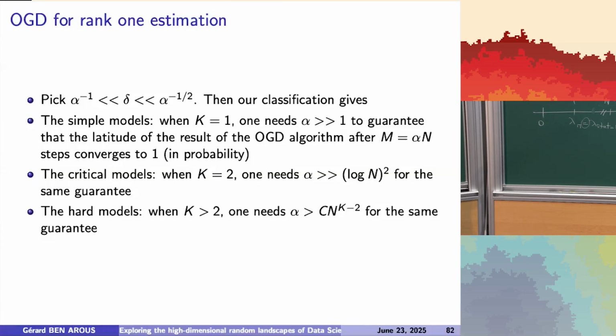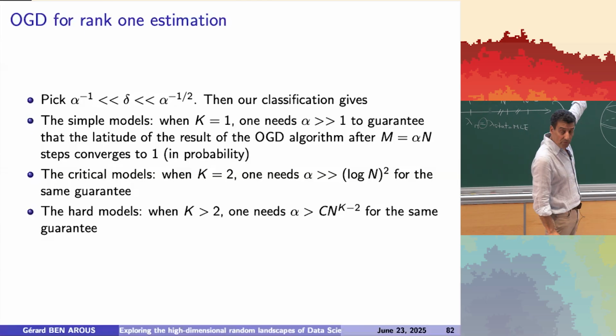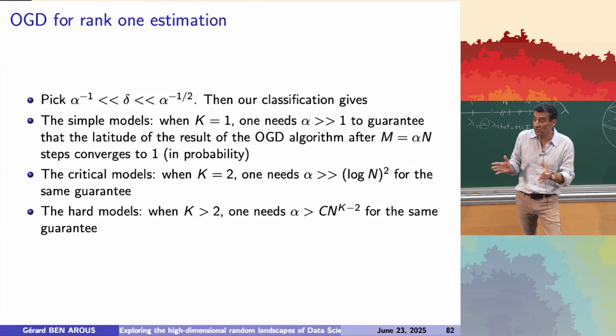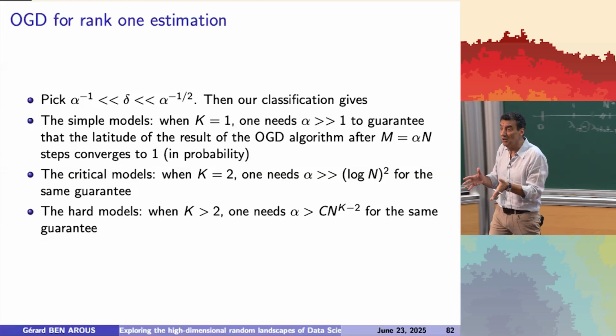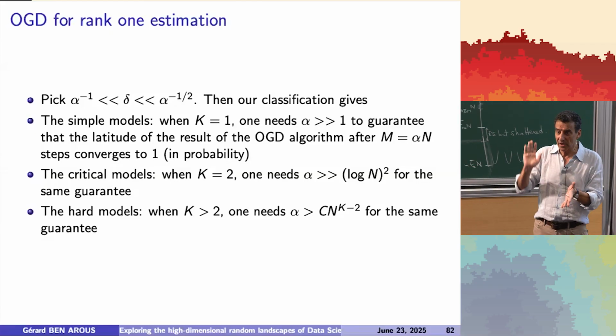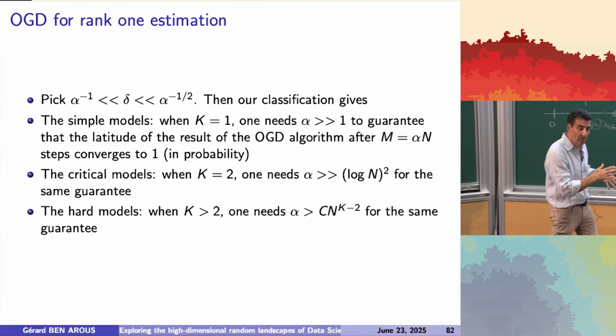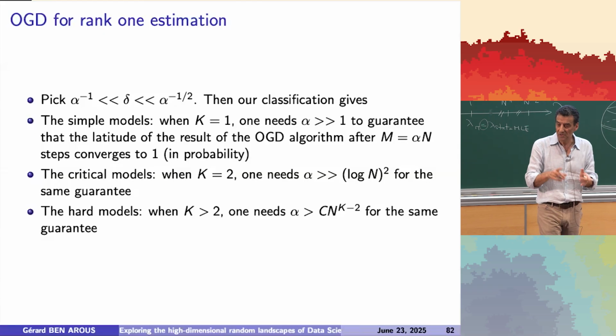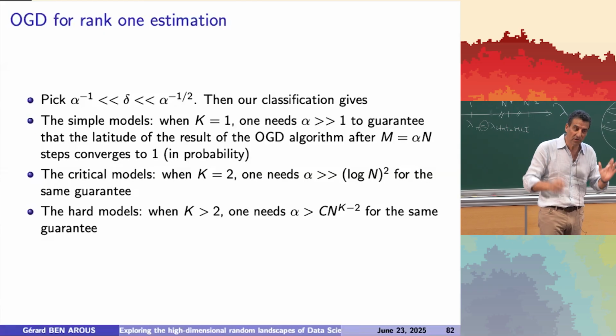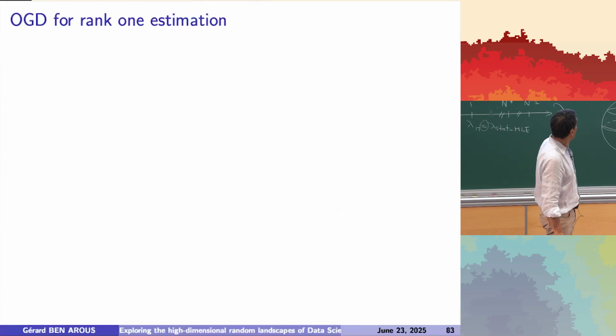But hard still means polynomial. This alpha larger than n to the k minus 2 still tells you that the number of data points you need is polynomial, not exponential. The number of steps you have to do in your online algorithm is polynomial. So it's harder, but still not exponentially hard.